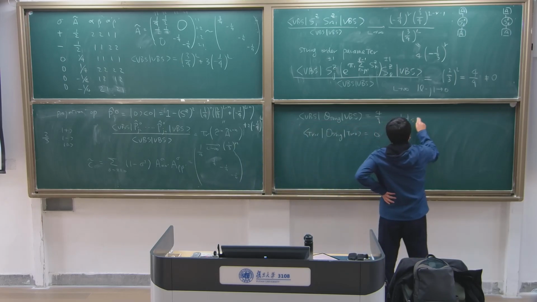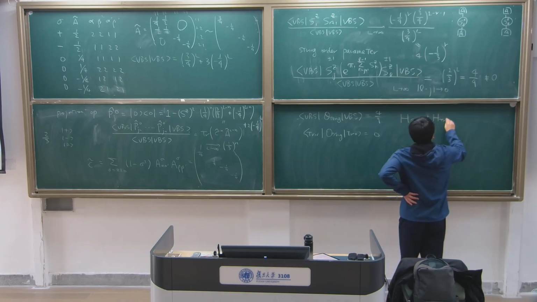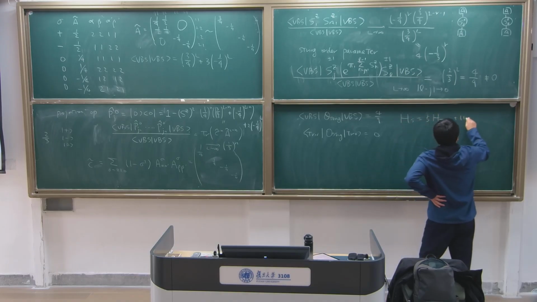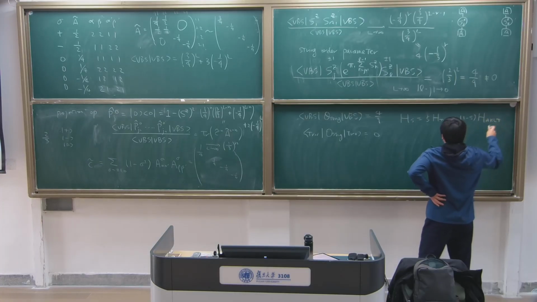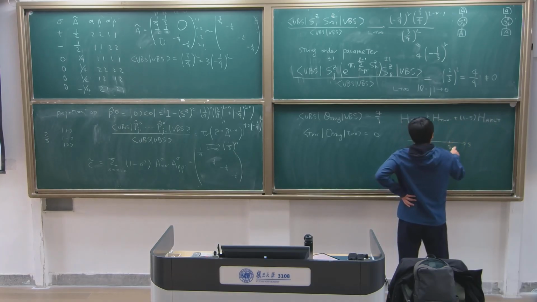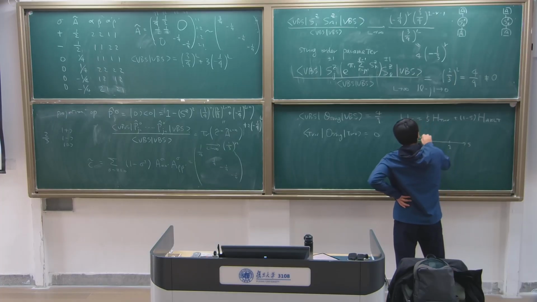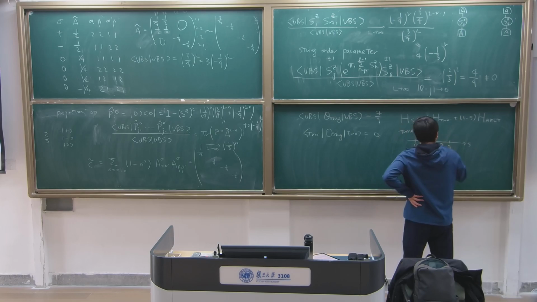If you have a parameter S from 0 to 1, and some critical parameter S star, this side is called the trivial phase, and this is the Haldane phase.